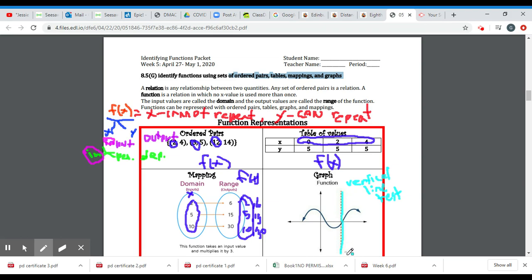If I draw this vertical line right here, where does it touch this line? It touches it right here. Does it touch it more than one time? No, it doesn't. So if it does not pass more than one time at any particular vertical line, then it is a function.